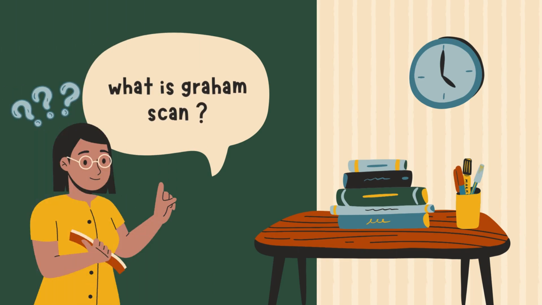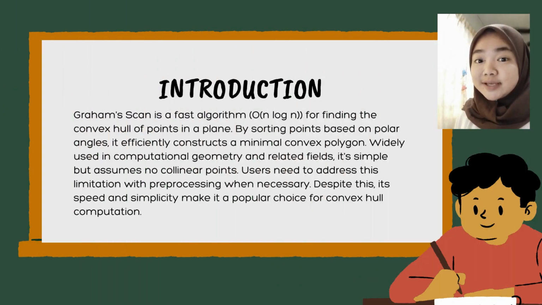What is Graham scan? So, introduction of Graham scan. Graham scan is a fast algorithm for finding the convex hull of points in a plane. By sorting points based on the polar angle, it effectively constructs a minimal convex polygon, widely used in computational geometry and related fields.